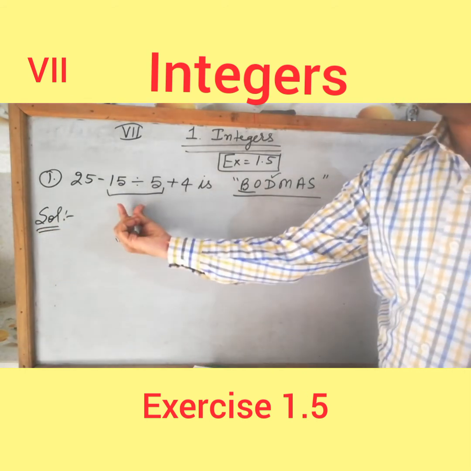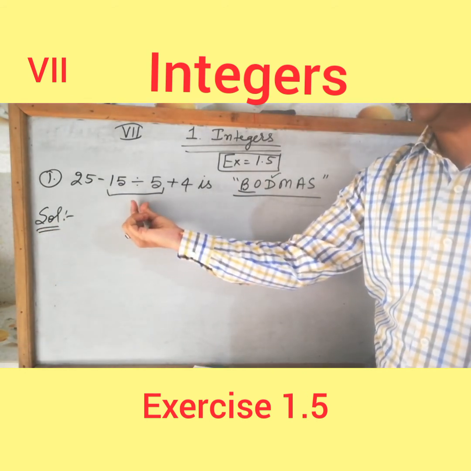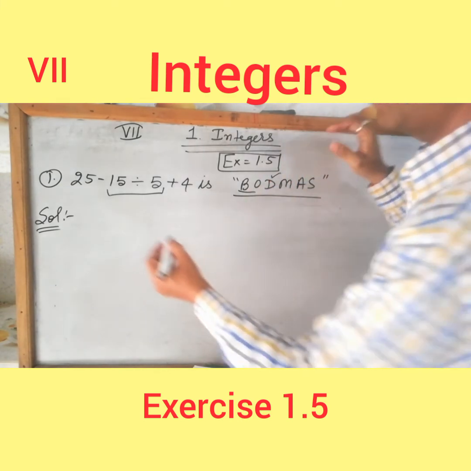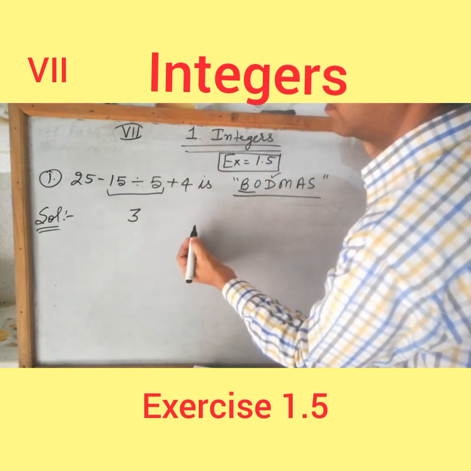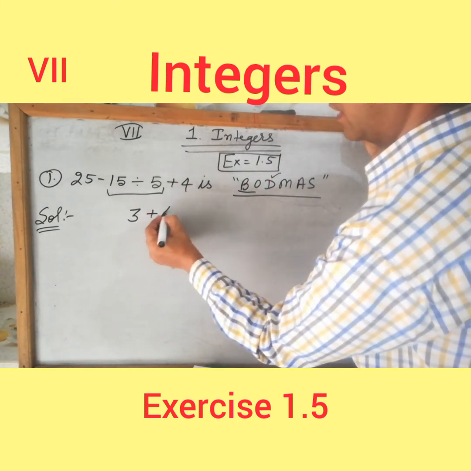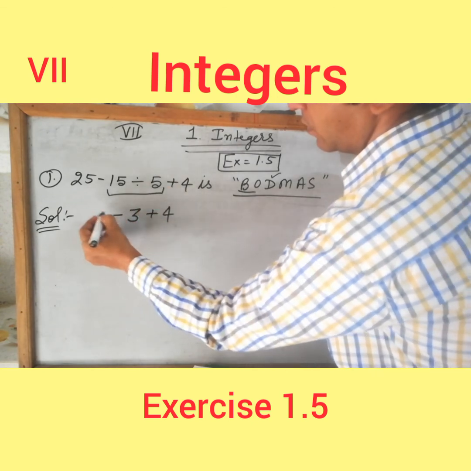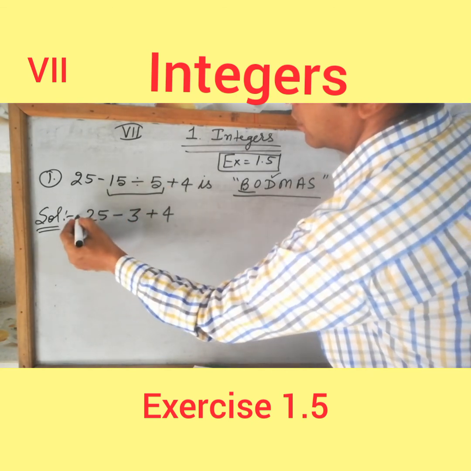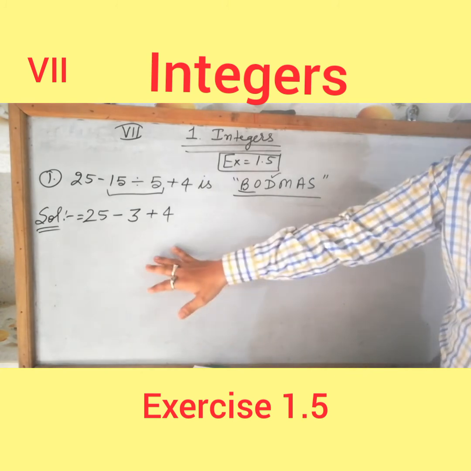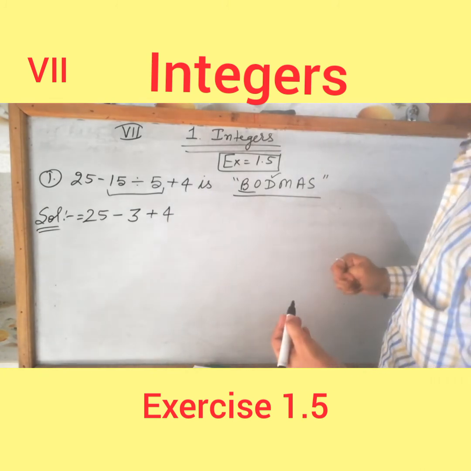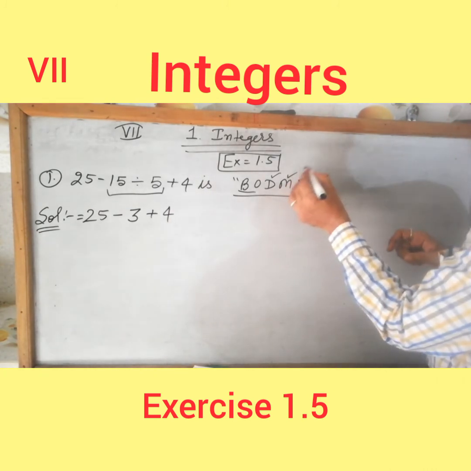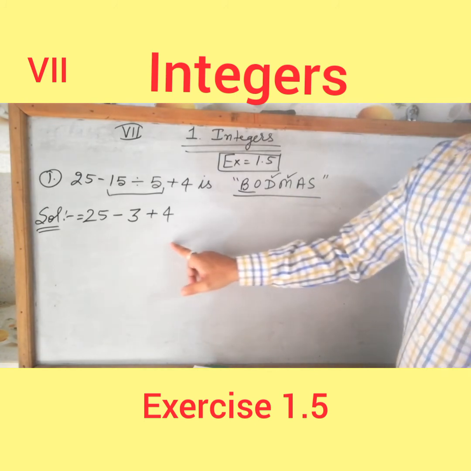First we divide 15 by 5, so 5 3s are 15. Then write the other numbers as they are, no need to change. We have not changed the signs either. Then M for multiply. Is there any sign of multiply?